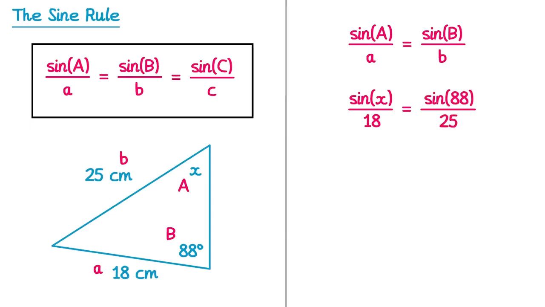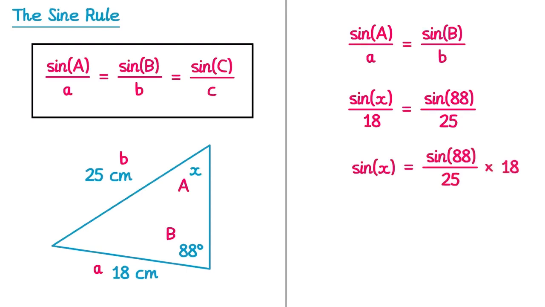To solve this one, we're going to multiply both sides by 18. If we multiply the left side by 18, that will cancel the divide by 18, so we've just got sine of x. On the right hand side, we have sine 88 over 25, and we've just multiplied this side by 18.